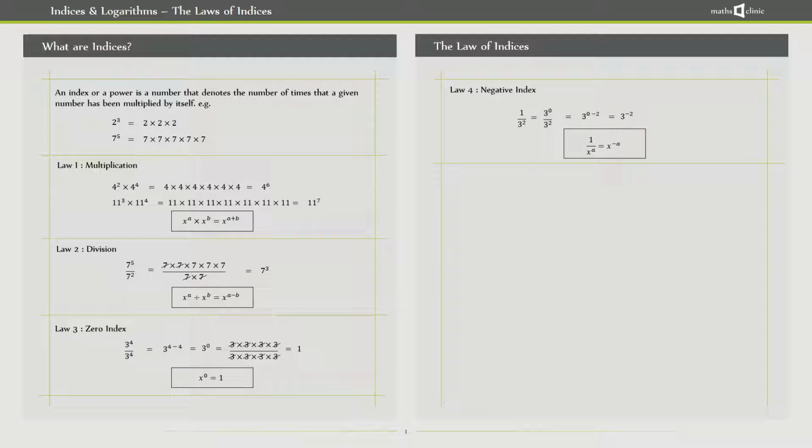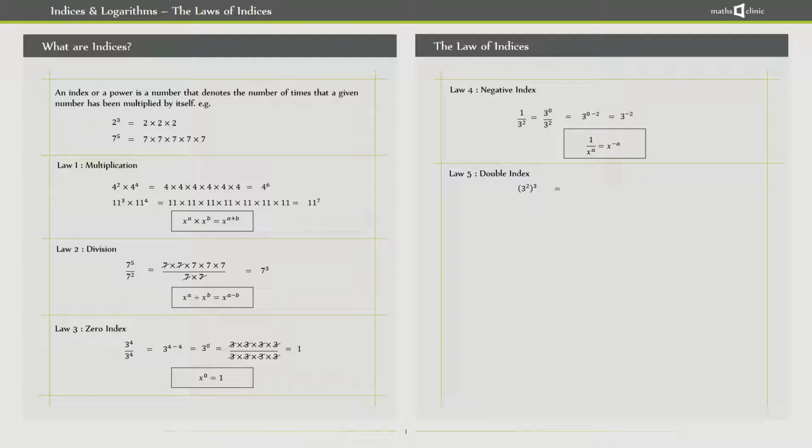If I have 1 over 7 to the power of 10, it equals 7 to the power of minus 10. It's always 1 at the top, nothing else. Anytime you have 1 over a number with an index, it equals that same number with the negative form of that index, and that is our negative index law.